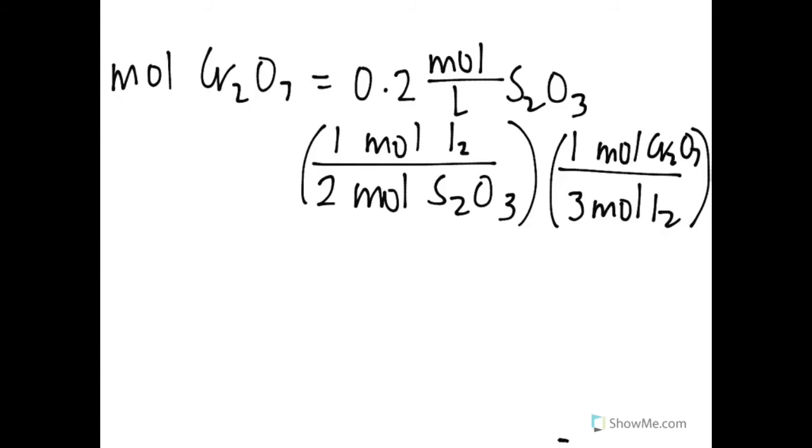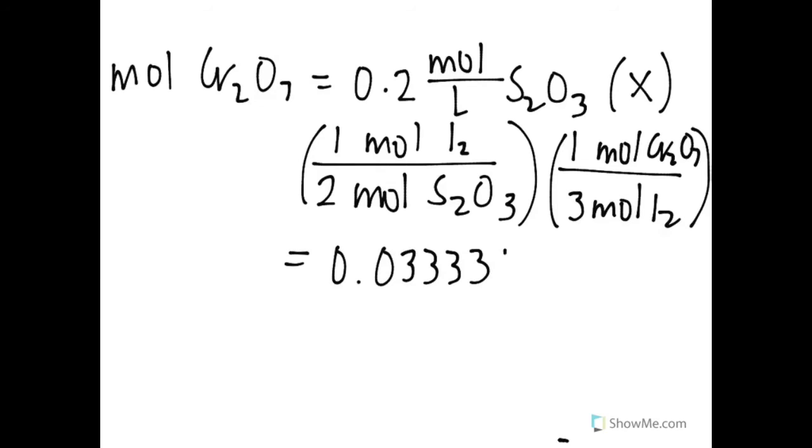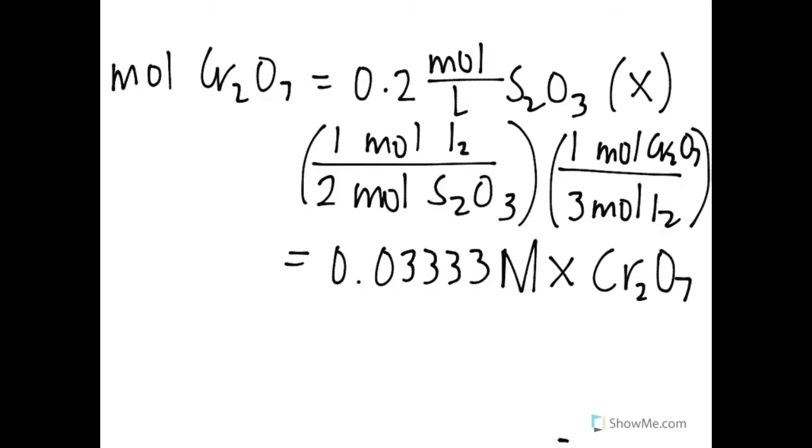We multiply this by the volume, which is unknown, which we represented earlier as X, and we get 0.03333 molar times X, which is the volume of Cr2O7.